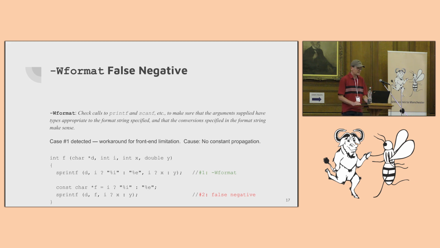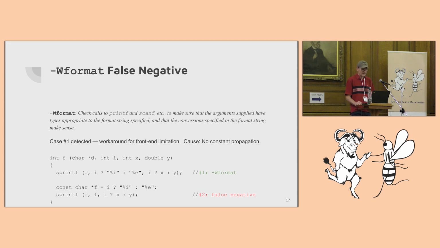Here's an example of -Wformat that leads to a false negative. Interestingly enough, there are two instances where -Wformat would apply here, and it only triggers in one of the two instances. GCC tries to make an effort, even though the warning is implemented fully in the front end, it tries to detect the problem and successfully does so in the first case, where we have the conditional operator.